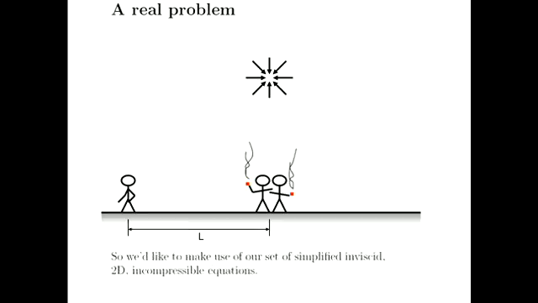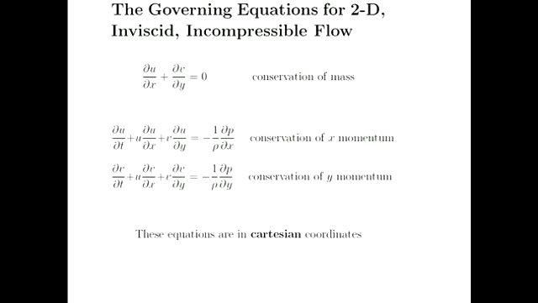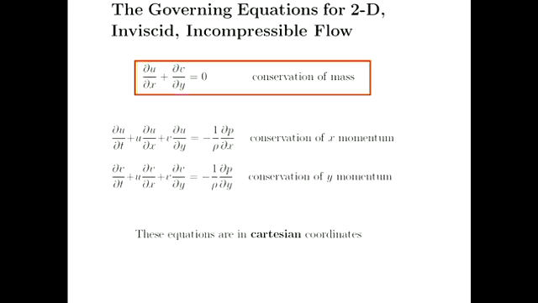Okay, so we want to make use of that simplified set of 2D incompressible equations that we've come up with. Okay, so we're going to gradually build to this view, but in actual fact we're not even going to use this simplified set of equations. We're going to attempt to be even lazier and make everything even more tractable for ourselves.